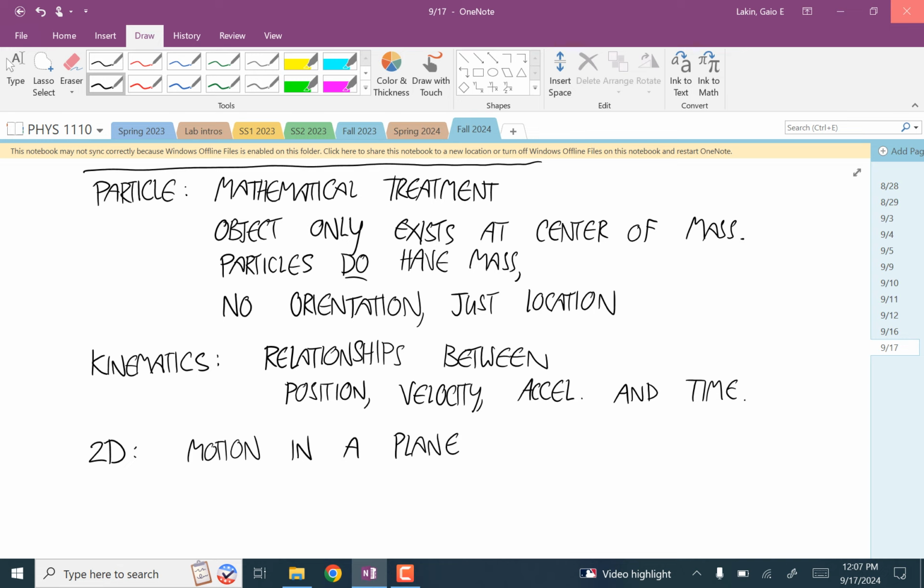So say like a bug on the blackboard, I guess that's a whiteboard. If it doesn't leave the whiteboard, it's moving in two-dimensional motion as it walks around. And from any point, it can move in infinitely many directions, okay?